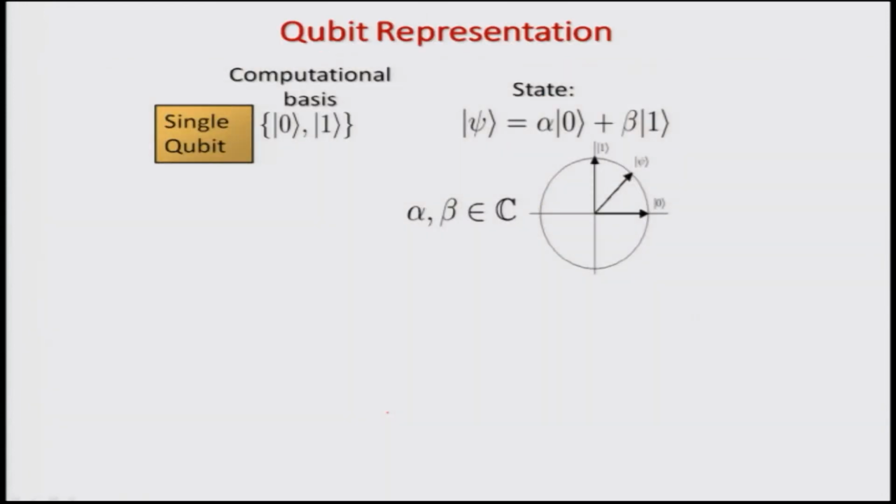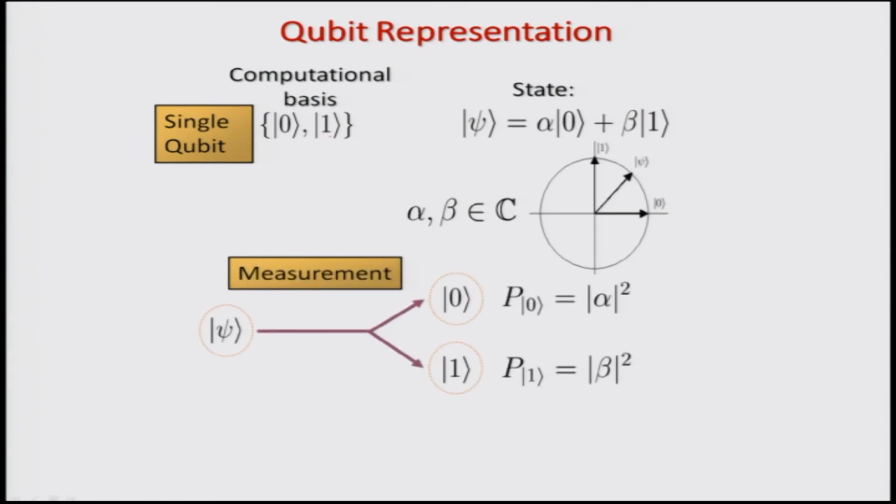So, in these regards, the qubit can be represented in this principle. A single qubit would have a computational basis which can be given by the 0 and 1s, where the state can have the representation, as we know from all times, a combined effect of both the basis states, and that is the quantum part of the states that we look at.